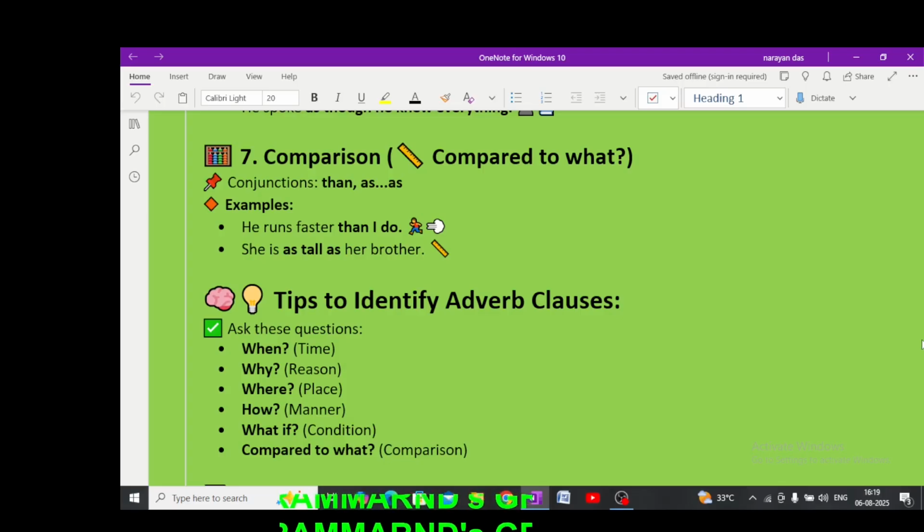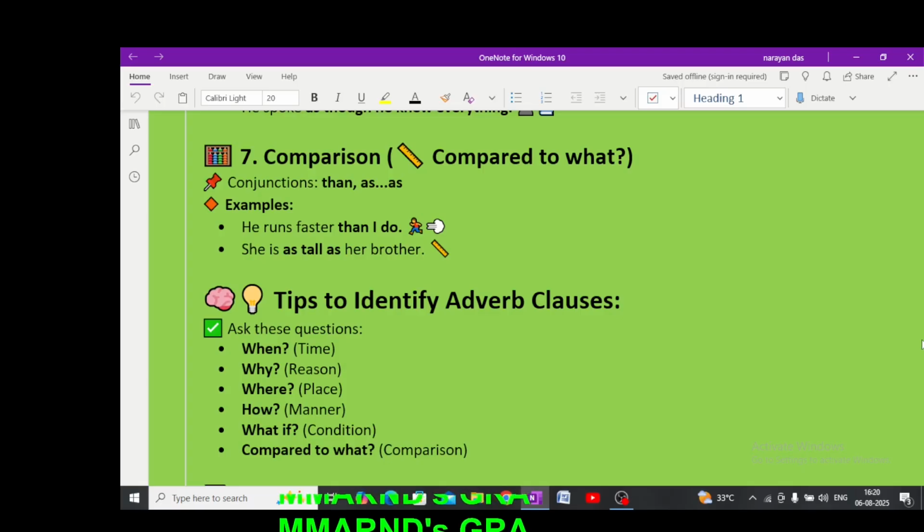She is as tall as her brother. As tall as her brother is the subordinate clause, and as tall as is the subordinating conjunction. And as you know, students, these two are comparative sentences.